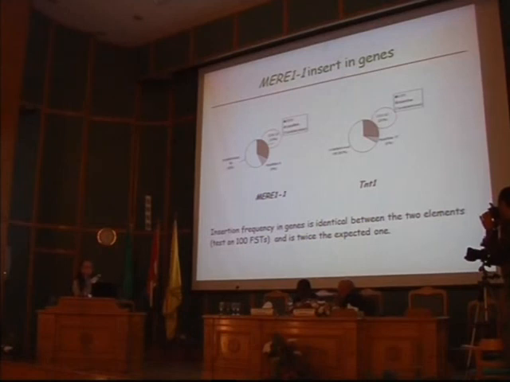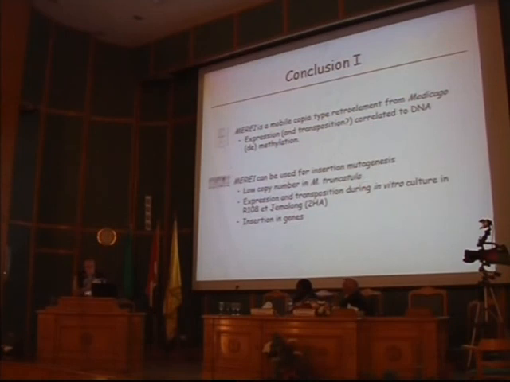And what you should know is that this is double what is expected. So these elements not only transpose in the genome, but they have a tendency to go in genes, and it's double as much as what we expect.